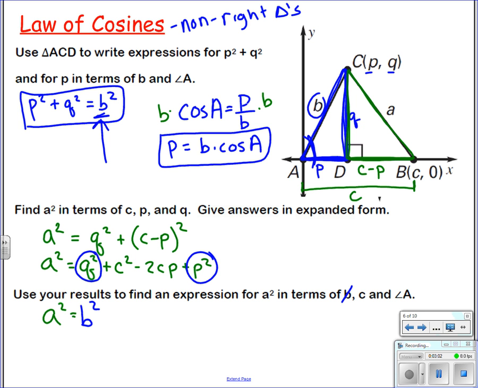So I have, in terms of B, C, just bring down the plus C squared, minus 2, well, P is B times the cosine of A. So side C times side B times the cosine of angle A. So we've derived our law of cosines.